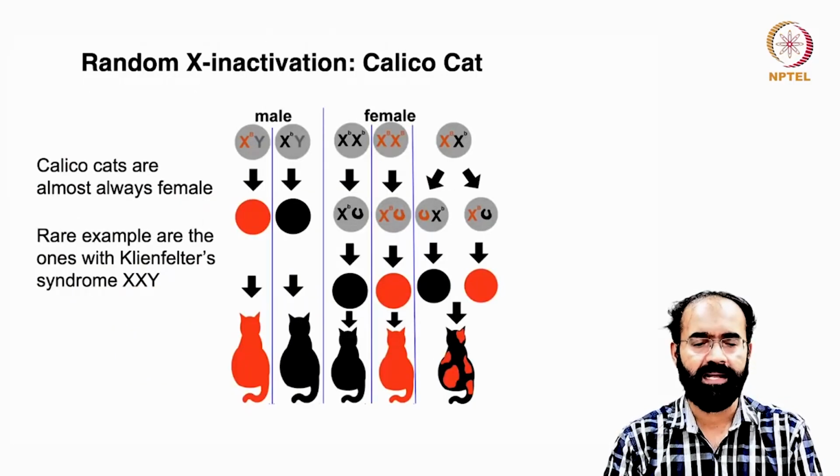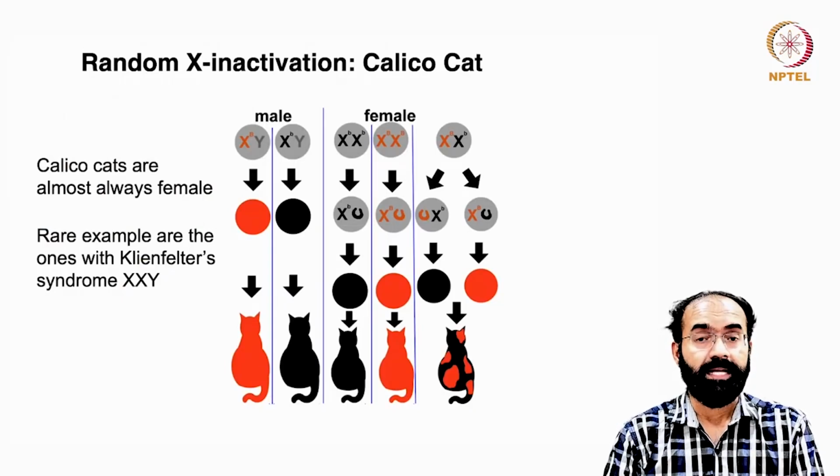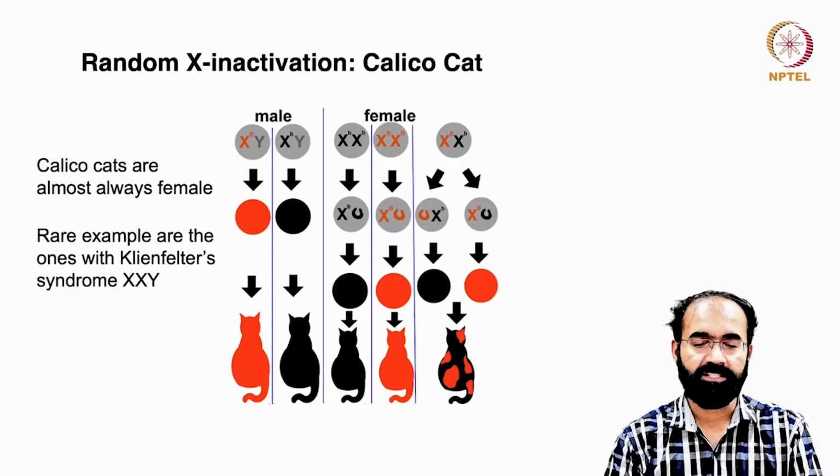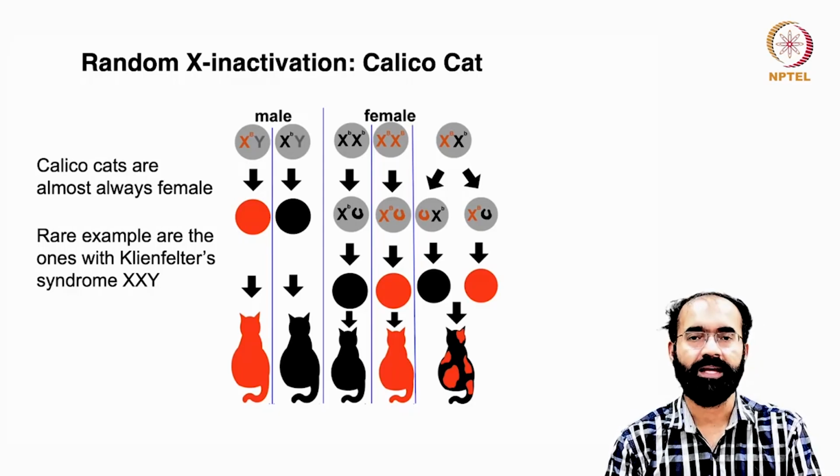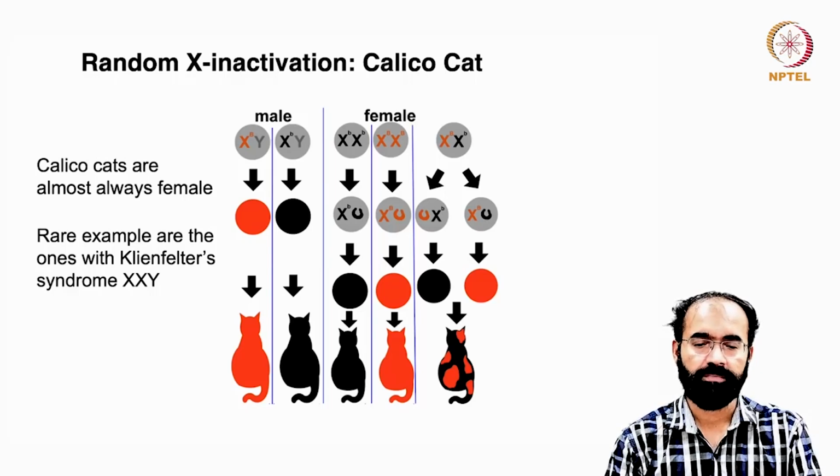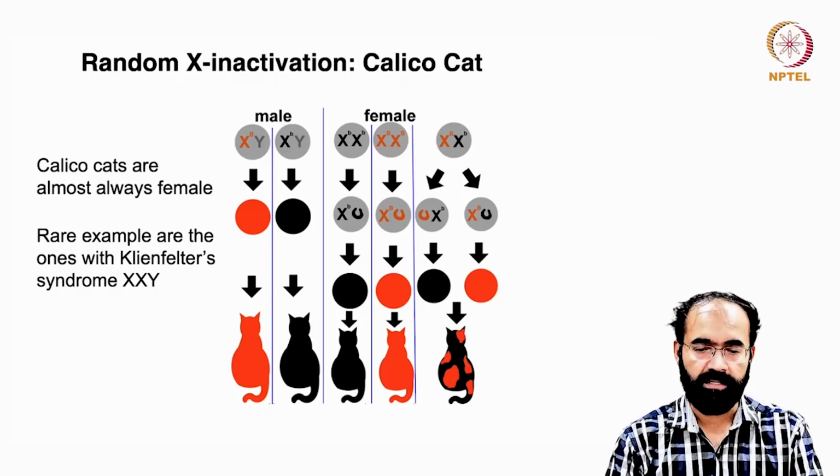So random X inactivation in the calico cat, how does it work? In the male, it is XY and XY. Here you can see XY written in orange color, and here the X is shown in black color. Y is given a common ash color.